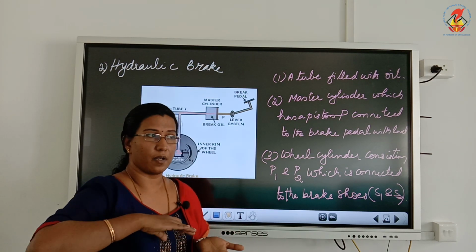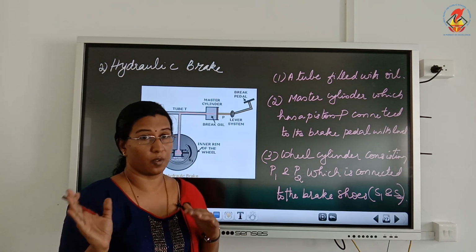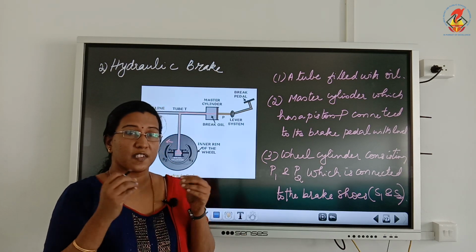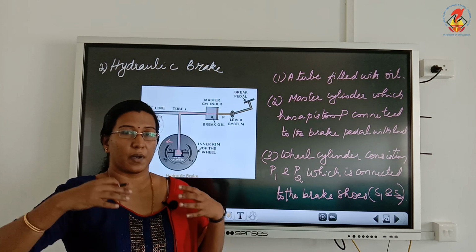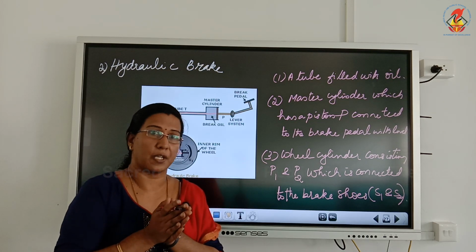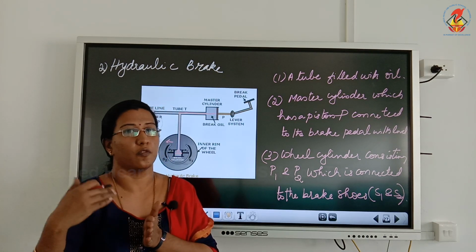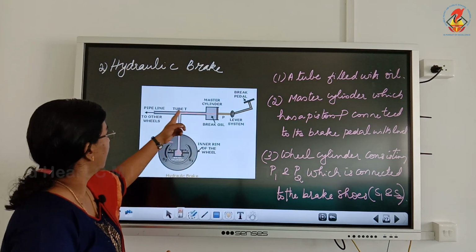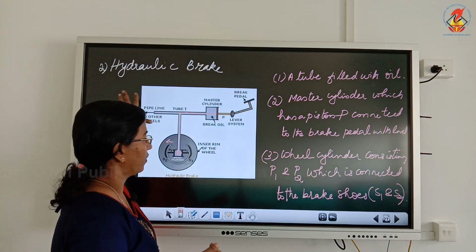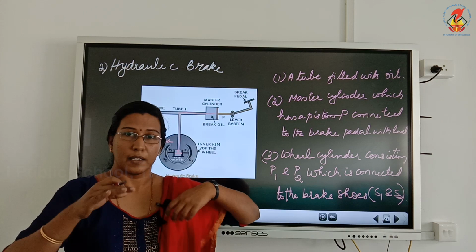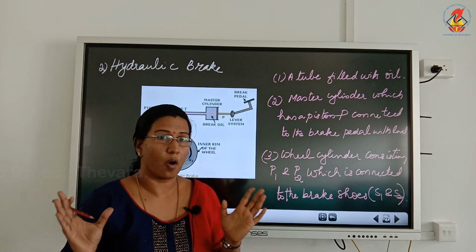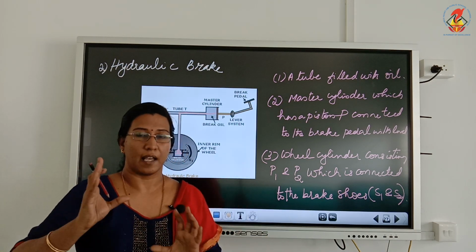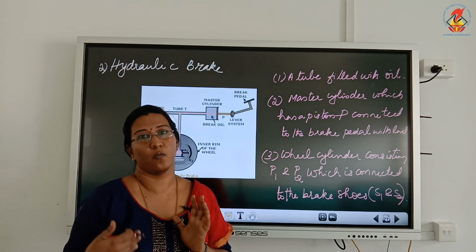Now once the pressure from the pedal is removed, because of the spring action, the brake shoes will come back to their initial position and thus make the vehicle move forward. Now this tube is connected to the other wheels of the vehicle, so the pressure is transmitted equally in all directions, and hence the brake system will work.